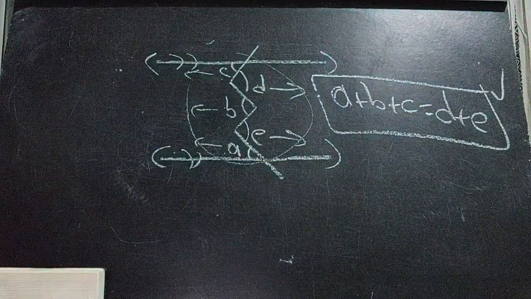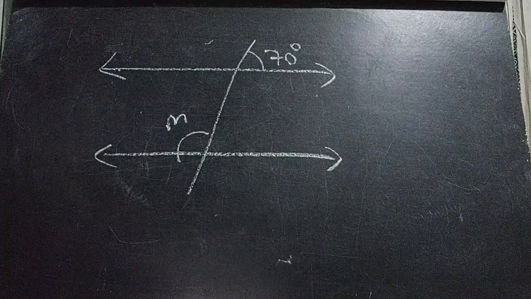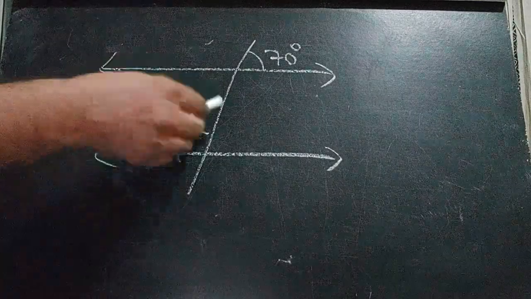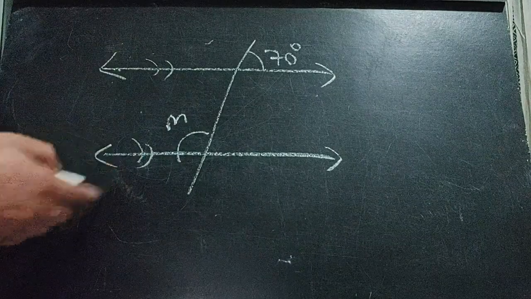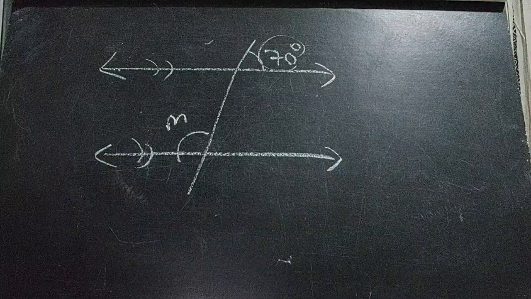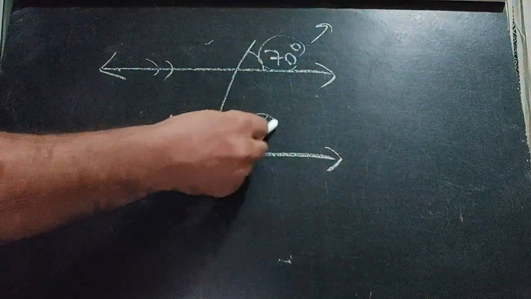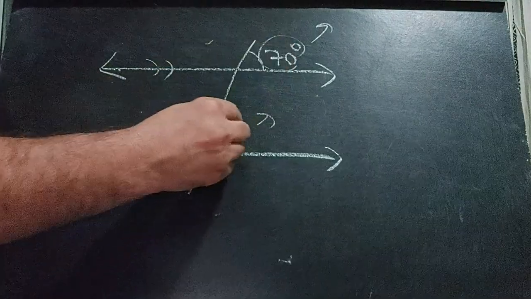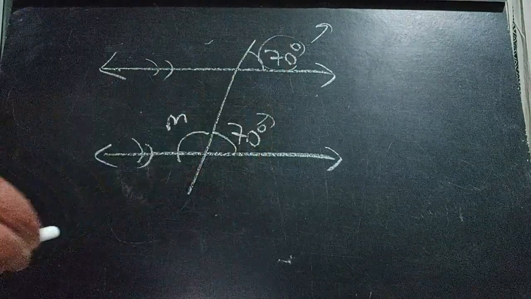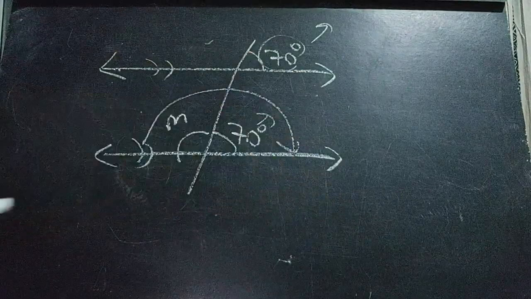Alright, now let's see how the questions are coming across us. So my first question is that those two straight lines are parallel to each other. If this is 70, what is M? So remember, I showed you this and this looking at the same direction. If this one is 70, this will be 70. And from there, this is a straight angle.